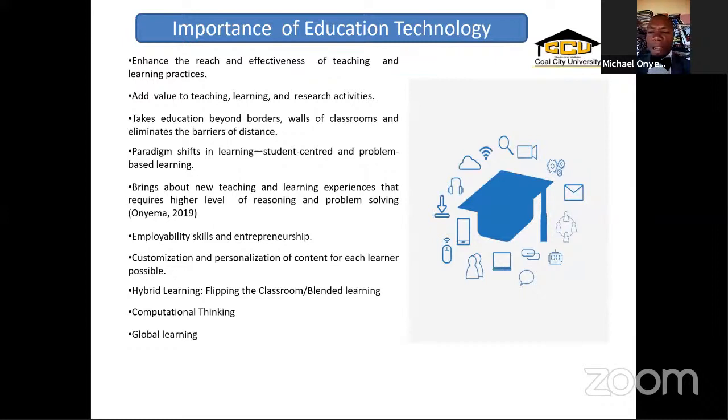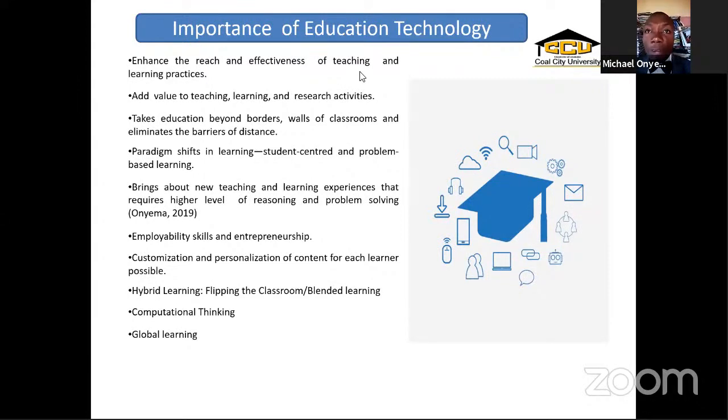Then, of course, we talked about the paradigm shift from teacher-centered to learner-centered teaching. What are we saying? With the aid of this education technology, students can learn on their own, and at the same time they can query or study ahead.